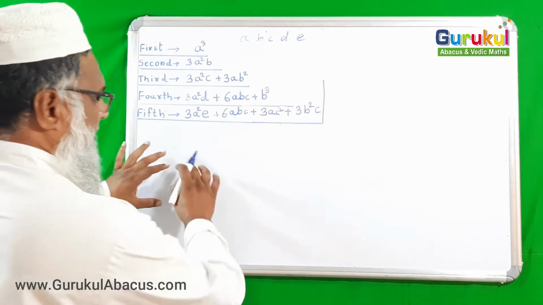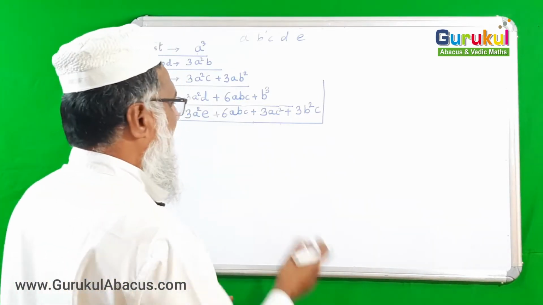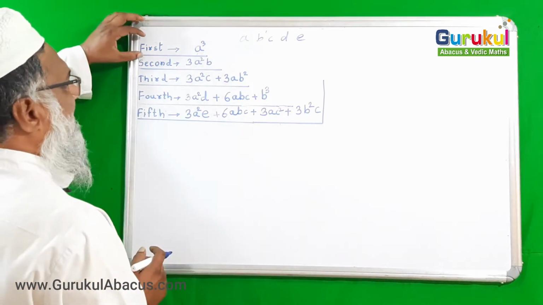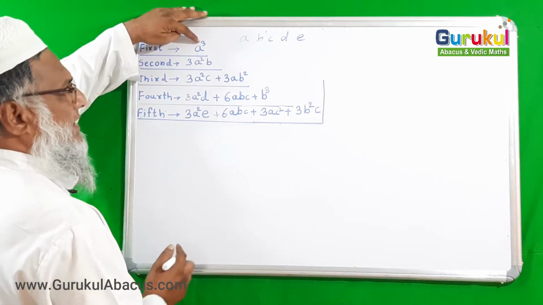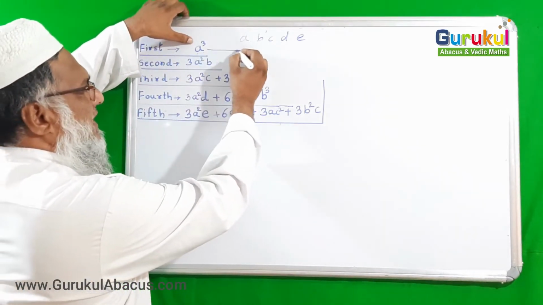Suppose from the given number we subtract from the first pair some specific cube number, we will definitely get the value of a. So our first term is related to the value of a.